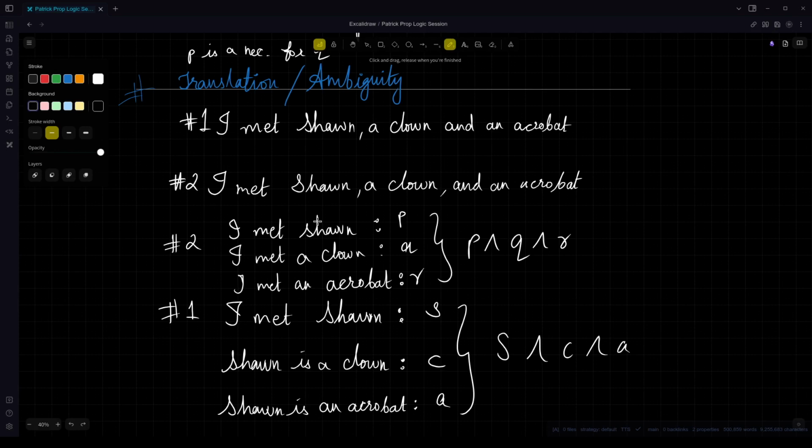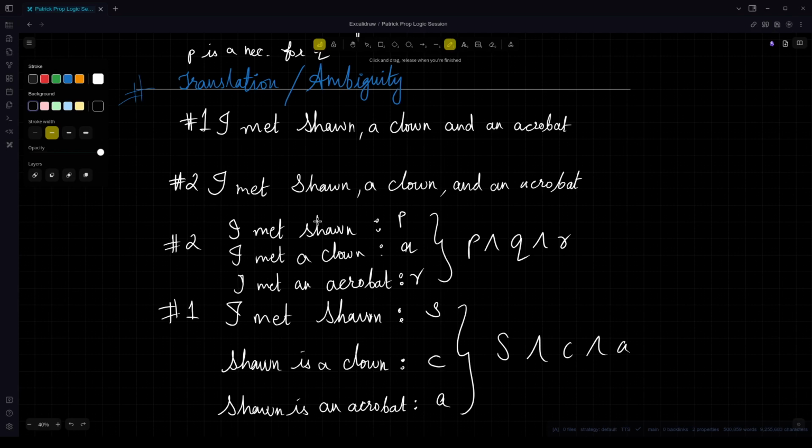These are two separate examples of how we could convert them into variables and operators. "I met Sean" can be represented by an S.